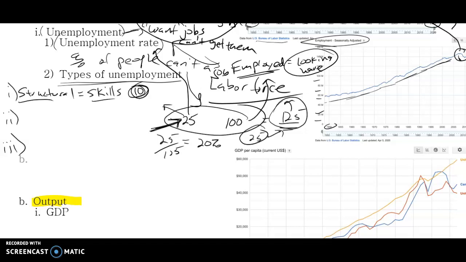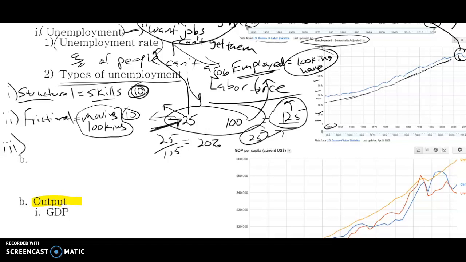The next one is frictional. Frictional has to do with moving or looking for work. Imagine there's 10 of these people, and they're just looking for a better job, or they've just graduated from college and they don't know which job they want to take, or there's a variety of reasons that might cause it.